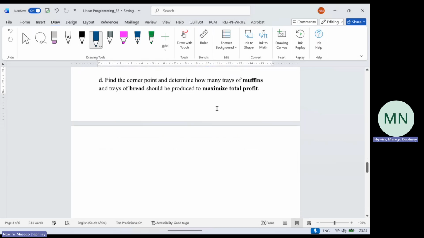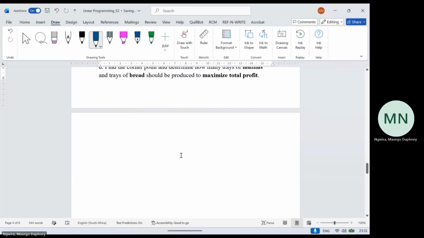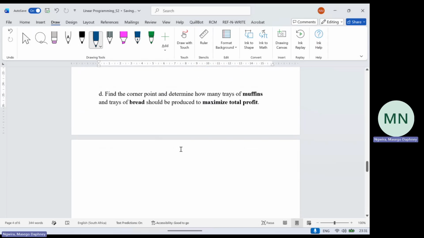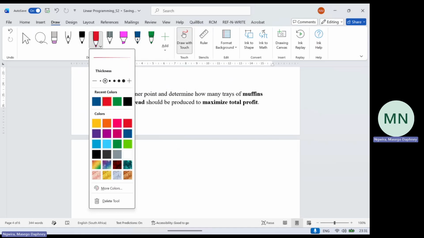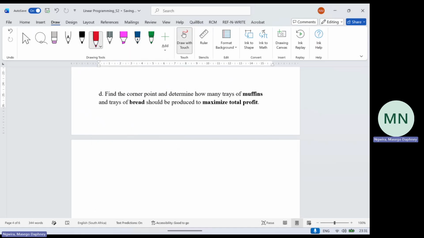So let's see. So we are going to do simultaneous again. So yeah, this is how I do it. So we're going to say simultaneous. Point of intersection, we use simultaneous. I'm just going to write it for consistency. I am going to say point of intersection.